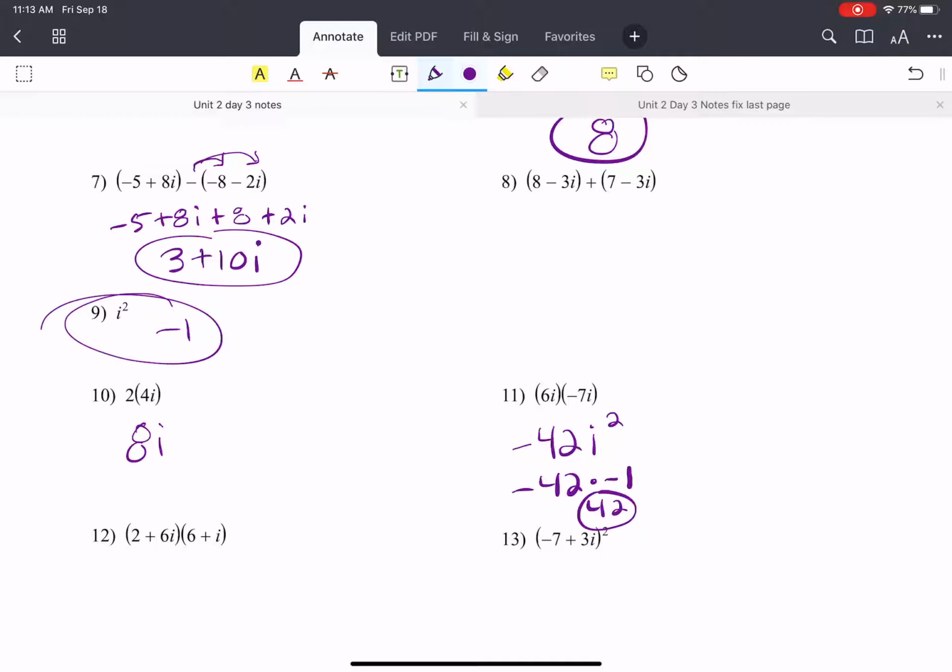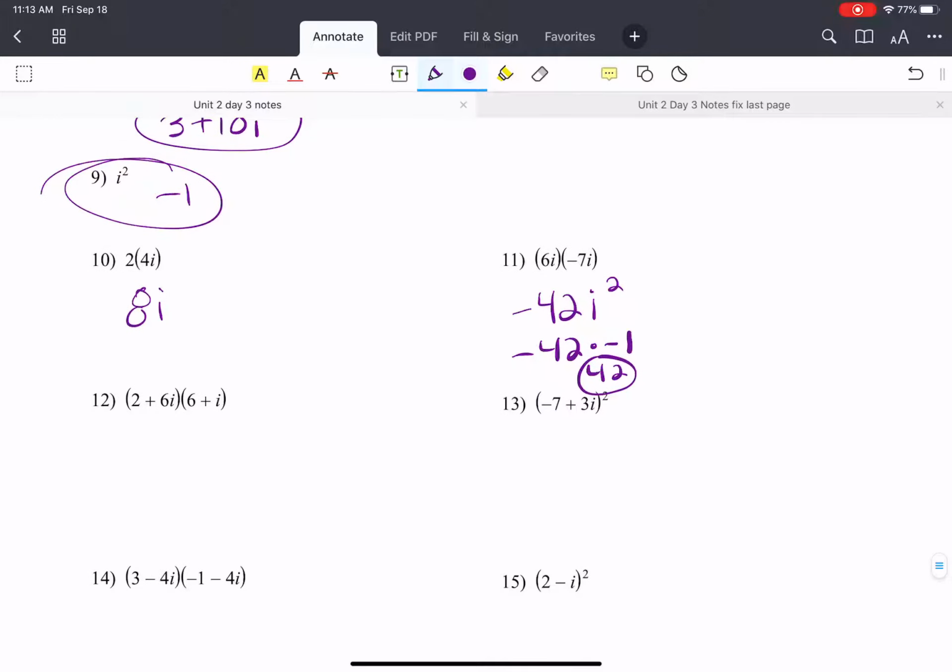Okay, number 12, that's multiplication. What do I use? A box. Now you can do the arrows if you're getting things right, then that's no problem. So first we're going to do it just like normal.